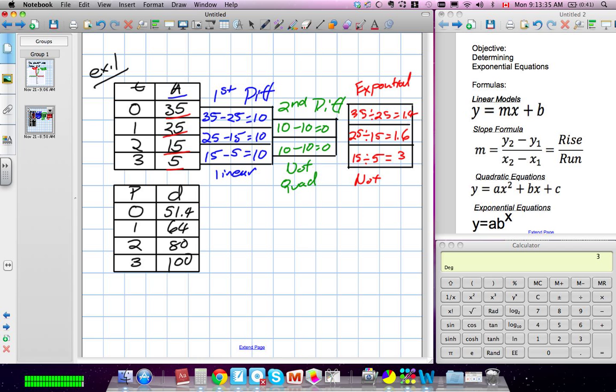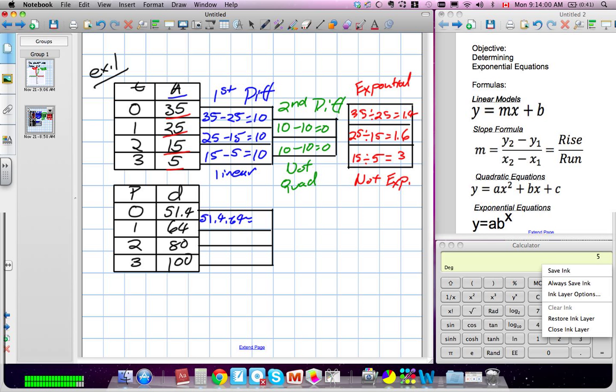Okay? So, I'm going to quickly go through the next one. We're going to do all three again, because we need to actually determine what type of model this is. When we do our first differences, 51.4 subtract 64.